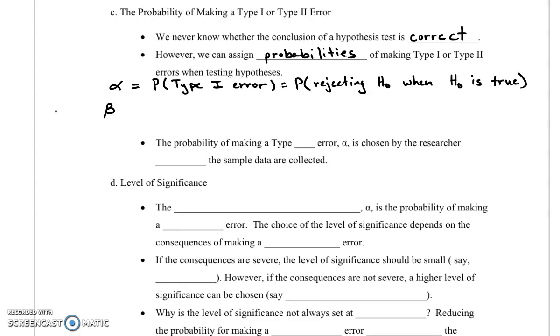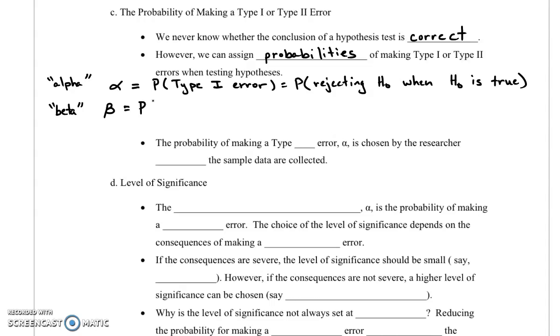And beta, it's another Greek letter. And just as an aside, alpha beta is where we get alphabet from.